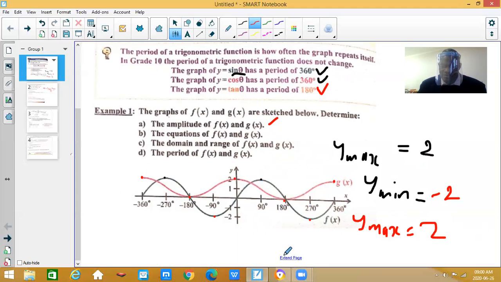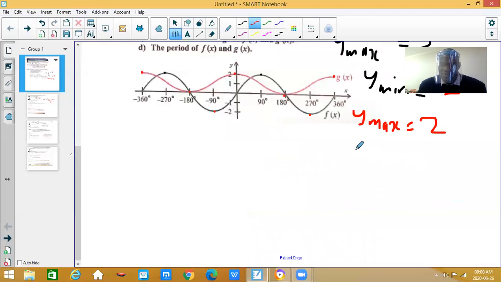And then the minimum that we have here is 0. That is the minimum y value.